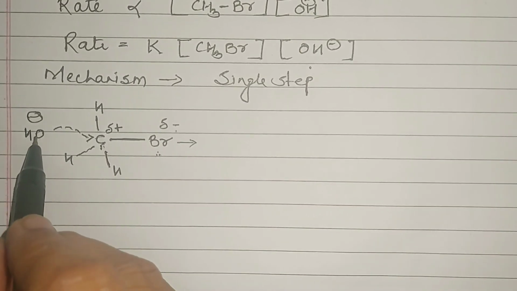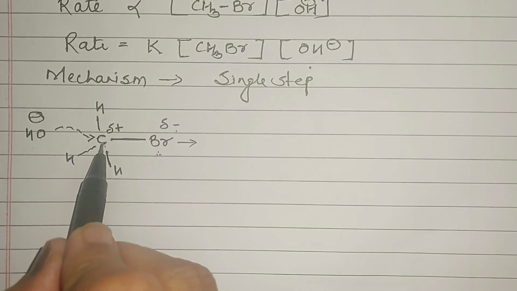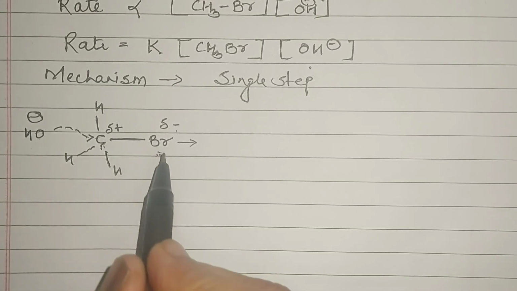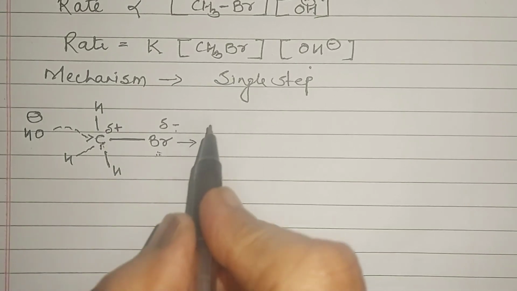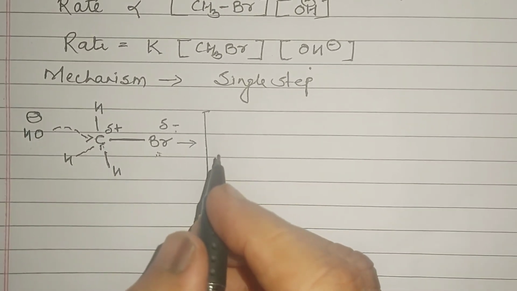As OH negative starts to approach the electron deficient carbon, Br starts to depart the molecule, and we get the transition state.